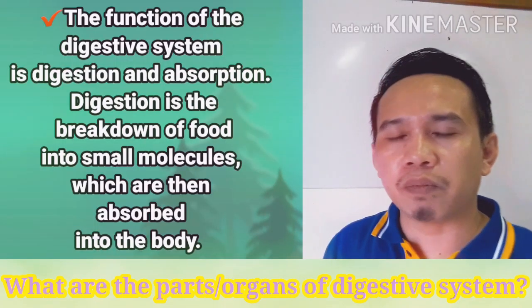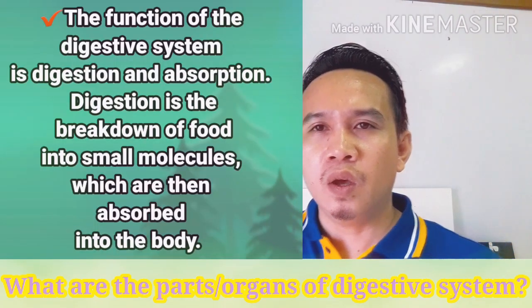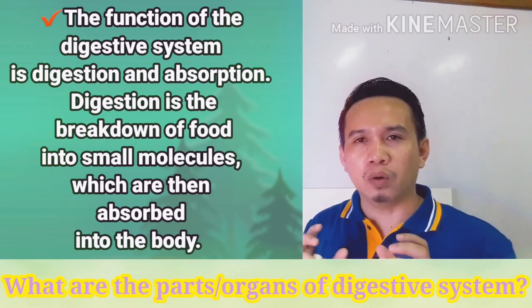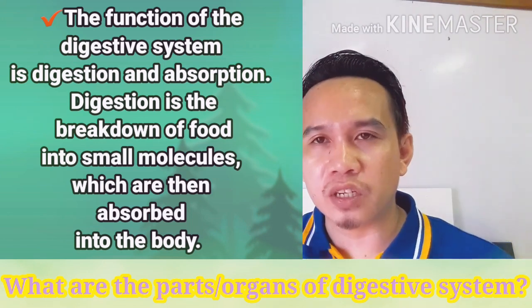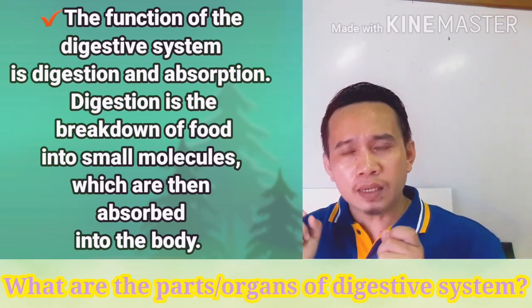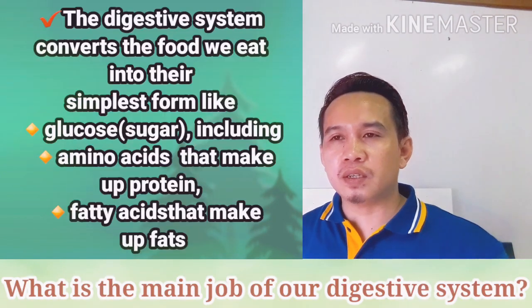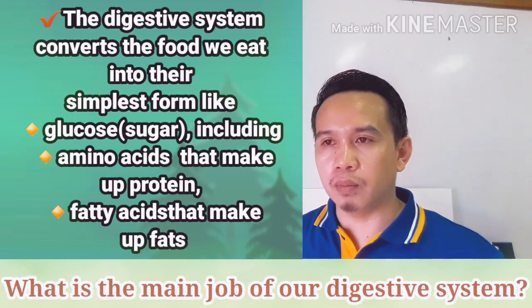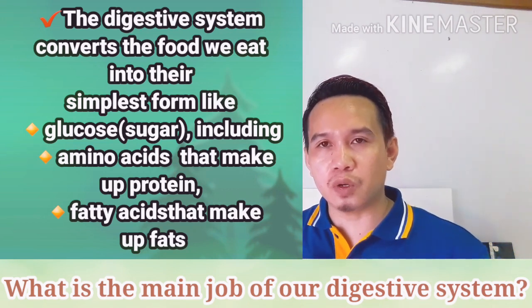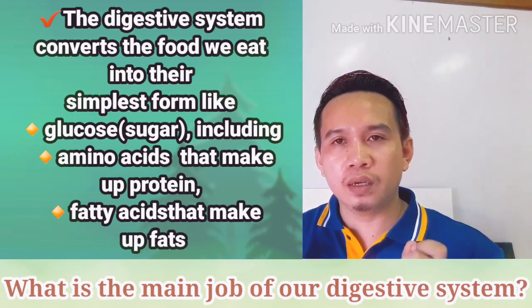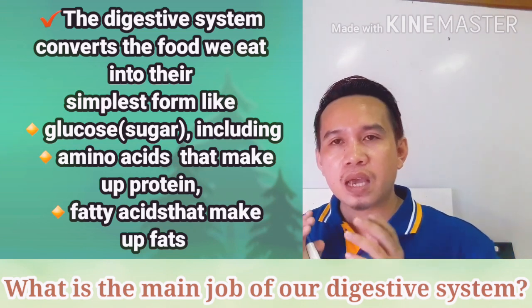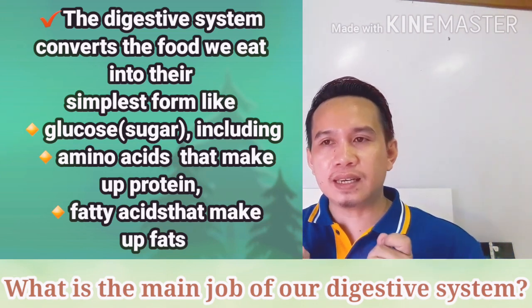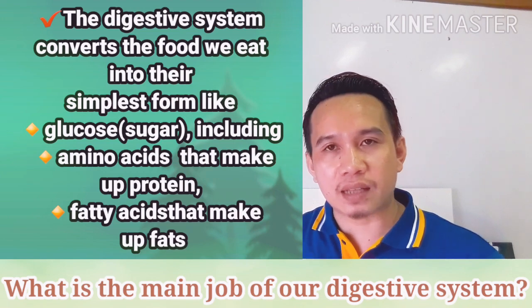How are we going to explain the digestive system? What is the most important role or the job of the digestive system? So in particular, the digestive system converts the food we eat into its simplest forms, like glucose or sugars, including amino acids that make up protein and fatty acids that make up fats.